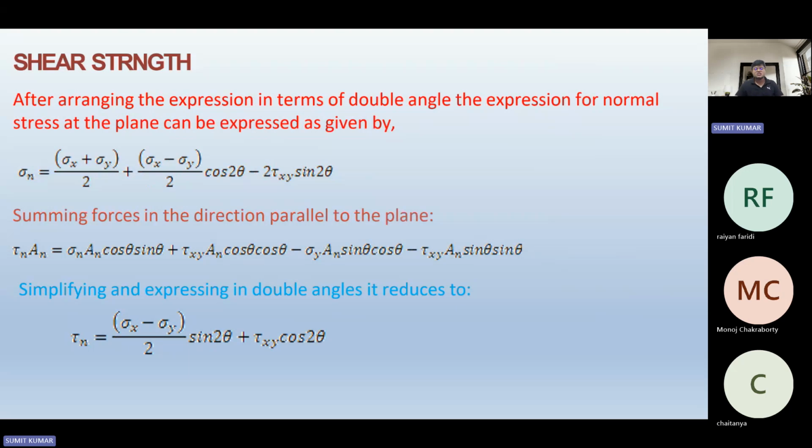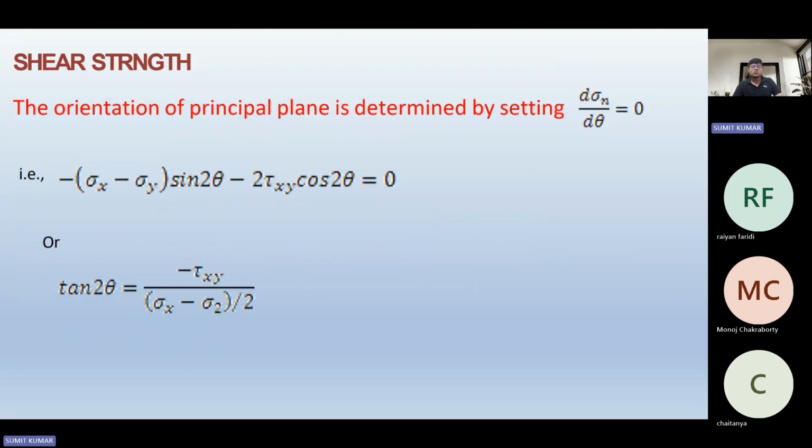Now, talking about the shear strength, the orientation of the principal plane is determined by setting d sigma n by d theta equal to 0, that is, minus sigma x minus sigma y sin 2 theta minus 2 tau xy cos 2 theta. This equation is similar to the previous equation, sigma x minus sigma z by 2 sin 2 alpha.